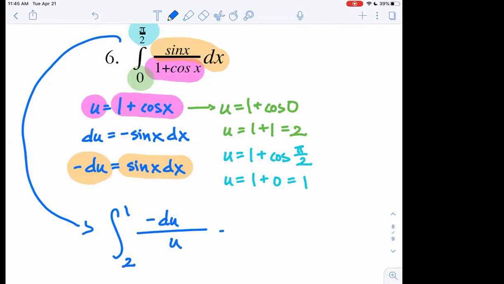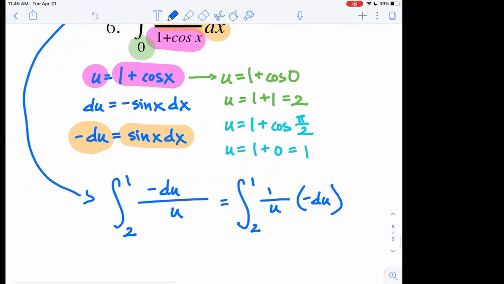Now, this might look weird for some of us. I think it's important to think about it like this. I could write this as sort of like the du next to the fraction, okay?